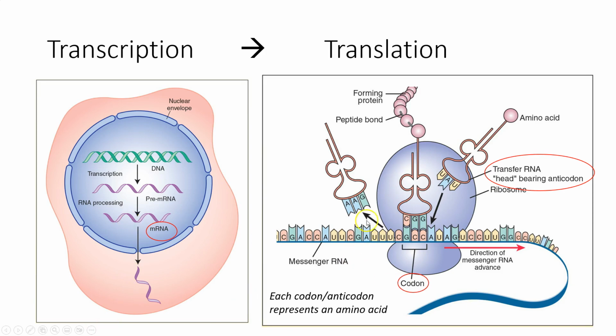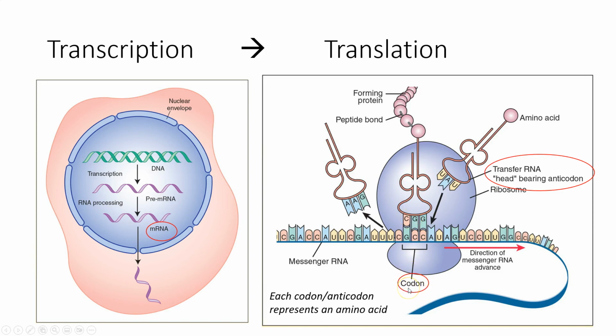After transcription, we move on to the process of translation. Here we want to build proteins using amino acids that are bonded through a peptide bond. We have specialized RNA called transfer RNA that has something called an anticodon.